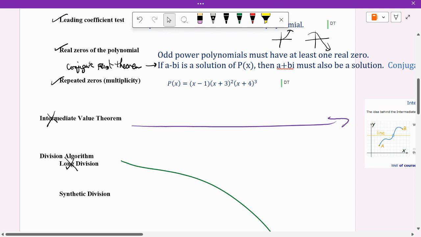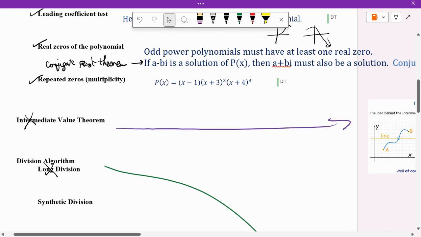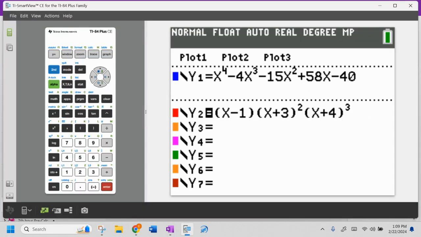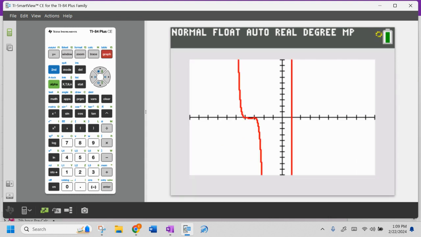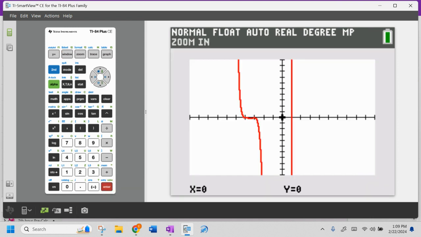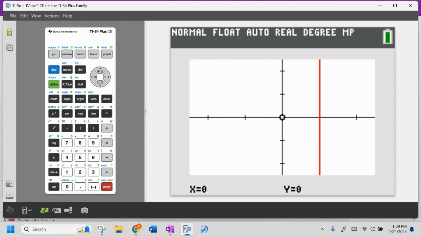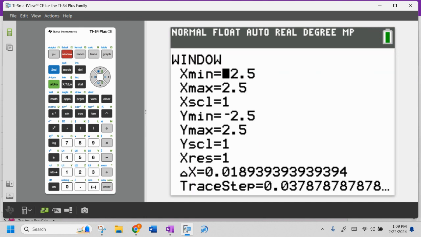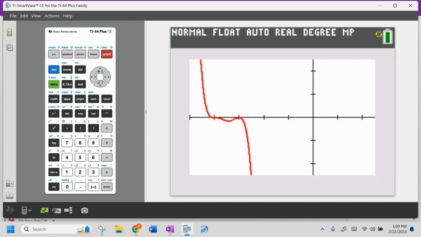All right. We also want to talk about repeated zeros. So let's go to our calculator, and I have this function in Y2. Everybody see this? I have Y1 turned off. I'm going to zoom in a little bit so we can see better what I want to talk about, and I need to go to the left to about -5. All right.